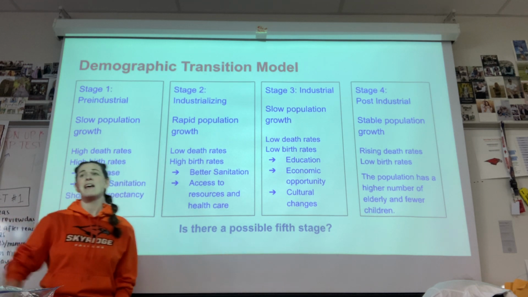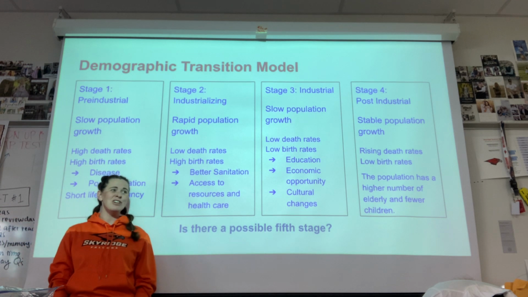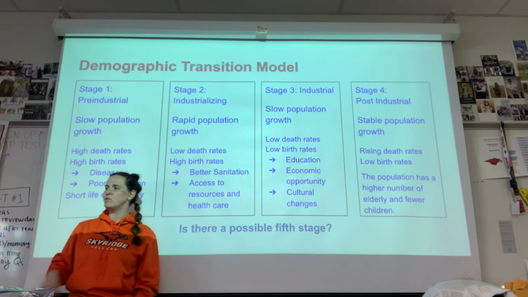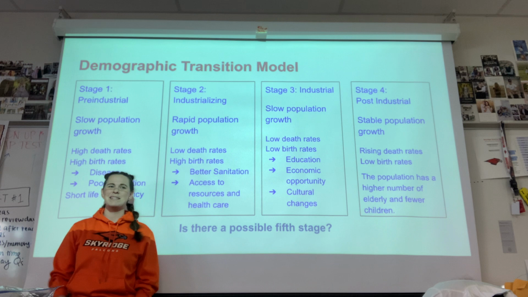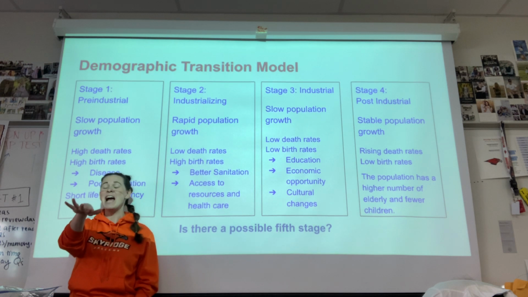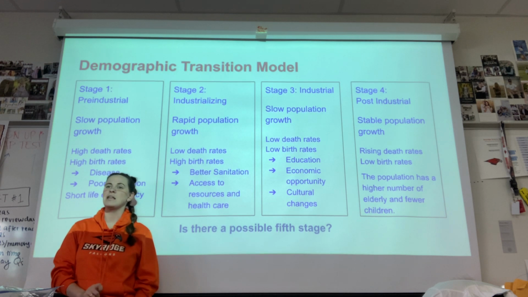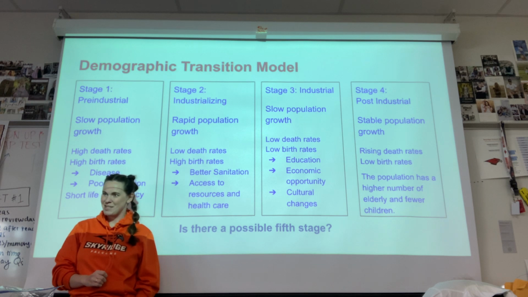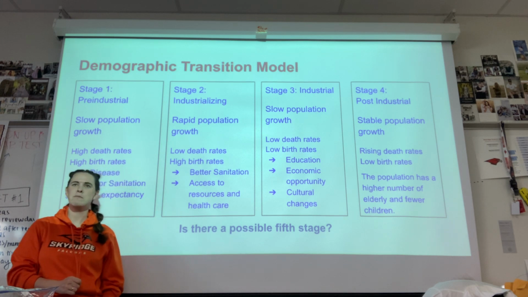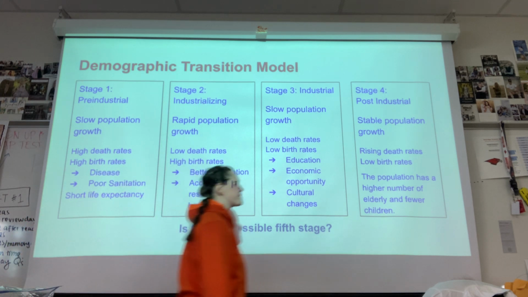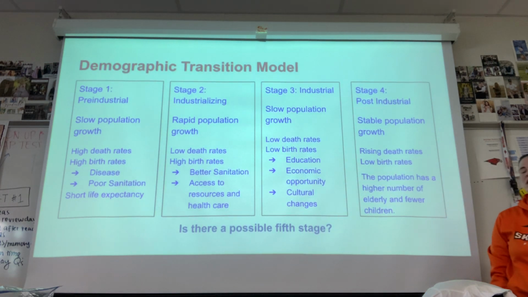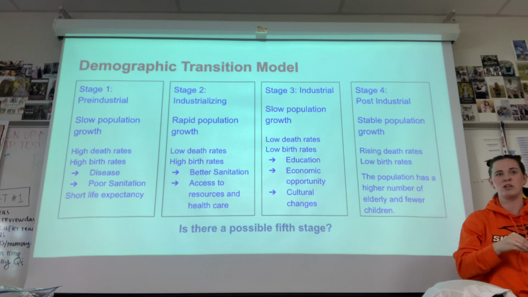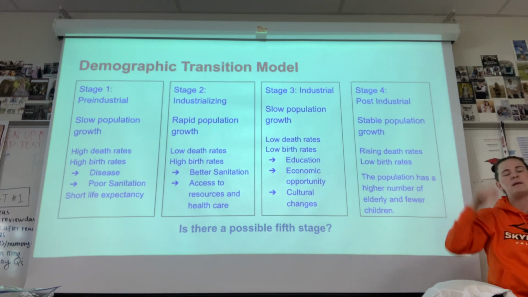However, with Social Security, the working force pays for the retirement of the older force, which means that by the time y'all are retiring, there might not be enough money to actually provide for your retirement. So stage 4 post-industrial is where we have fewer younger children and a lot of older people.